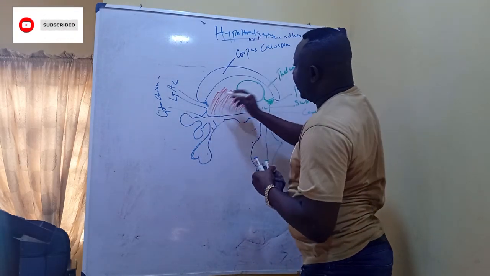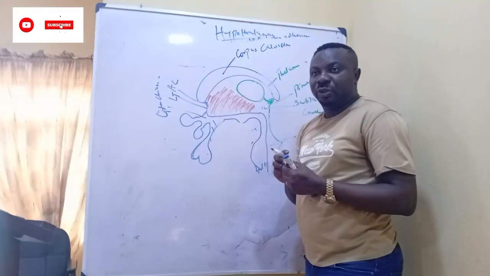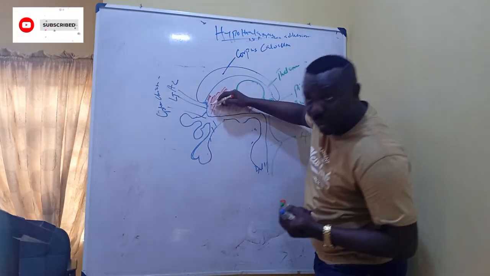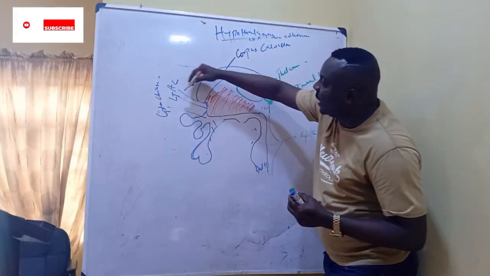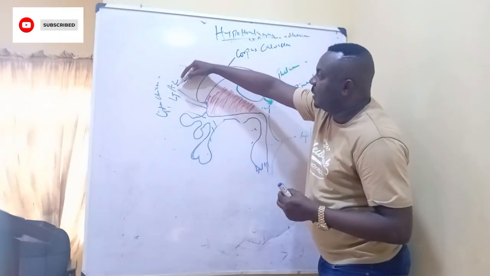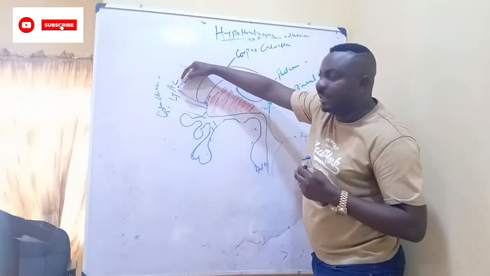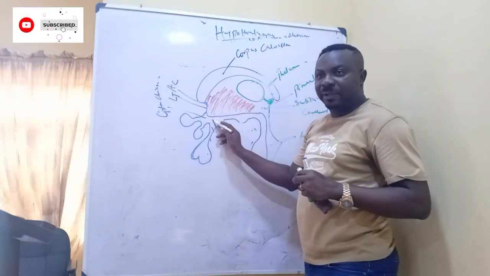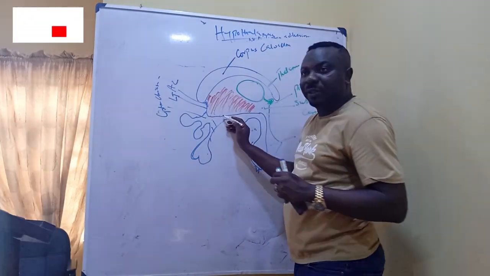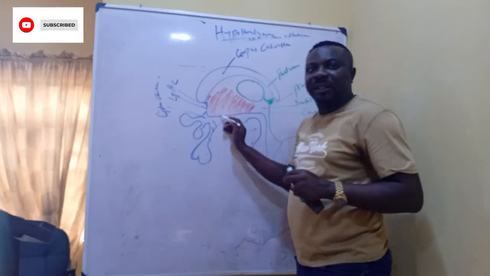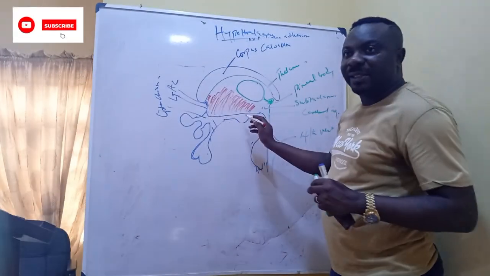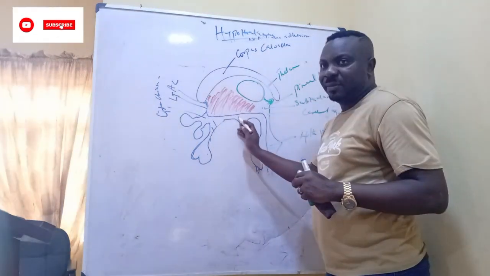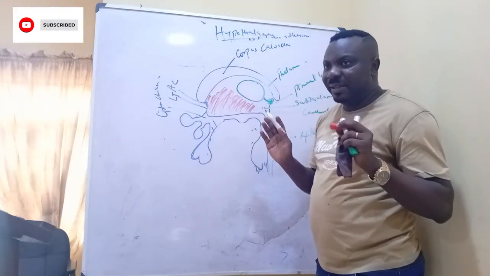If you observe, the hypothalamus is posterior to the lamina terminalis, the anterior commissure, and the optic chiasma, right? It is superior to the tuber cinereum, right? It is superior to the tuber cinereum. Do you get that? Yes, sir. Are you there?